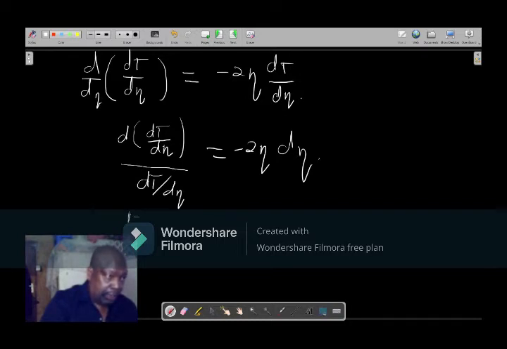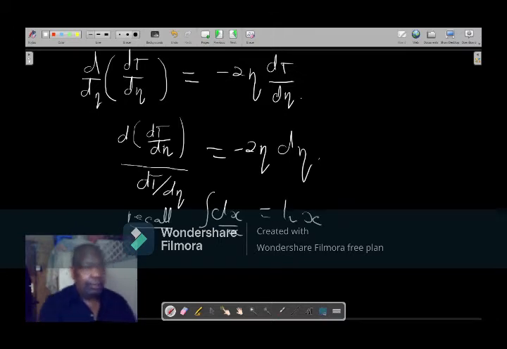So now I recall that in general, when you have dx over x and you integrate it, you get ln of x. So let us integrate this equation here, equation 2.